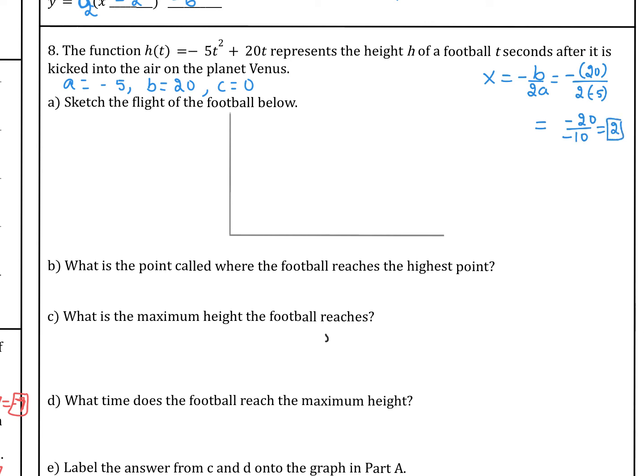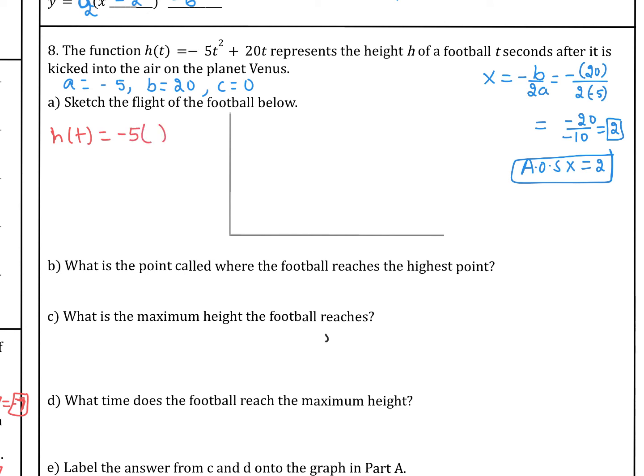When you find x as 2, which is your axis of symmetry, so AOS, x equals 2, you're going to find the y. To find the y, you plug it into the given function.